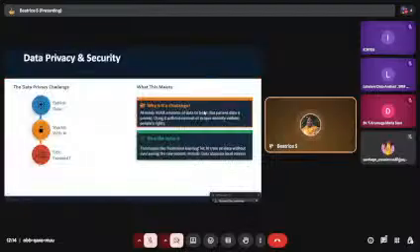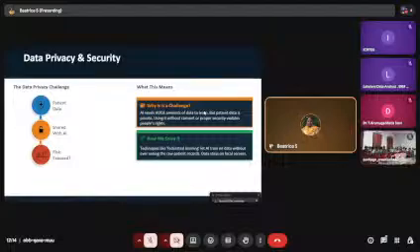When we talk about data privacy, we are all aware of this, mainly with the health sector. What is the challenge we are facing? When we give patient data to our AI, how does it take the data?